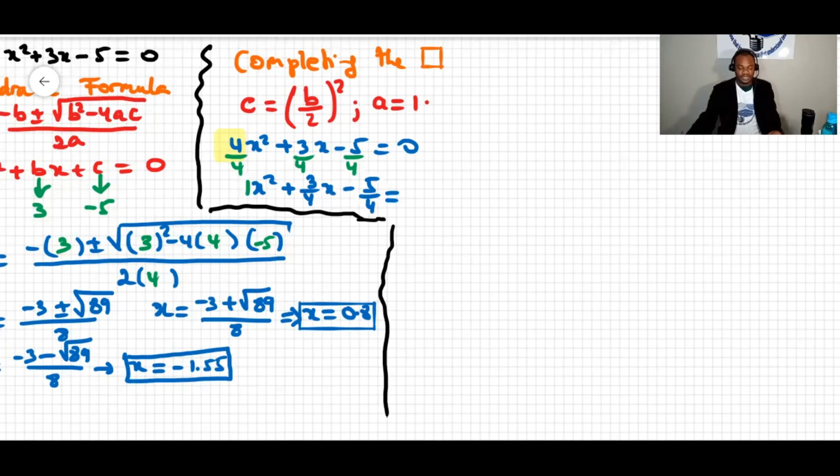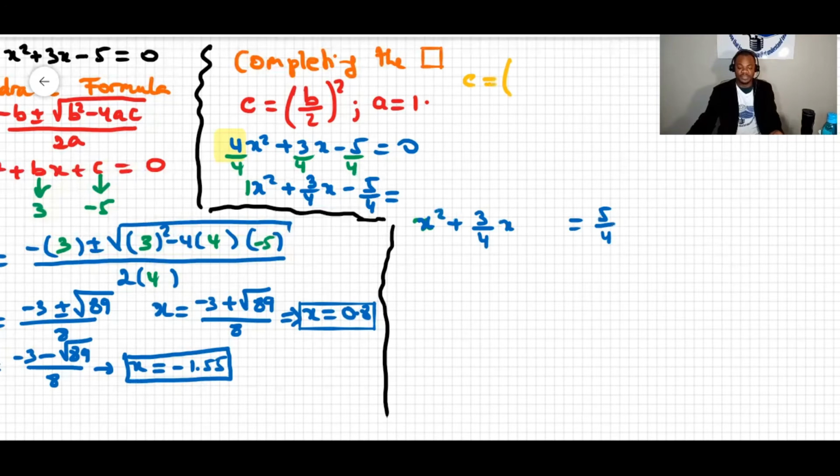Now what we can do, we can write x squared plus 3/4 x equals 5 over 4, if you move the 5 over 4 to the right hand side of the equation. Then we can also calculate the C value. C is like (B over 2) squared.